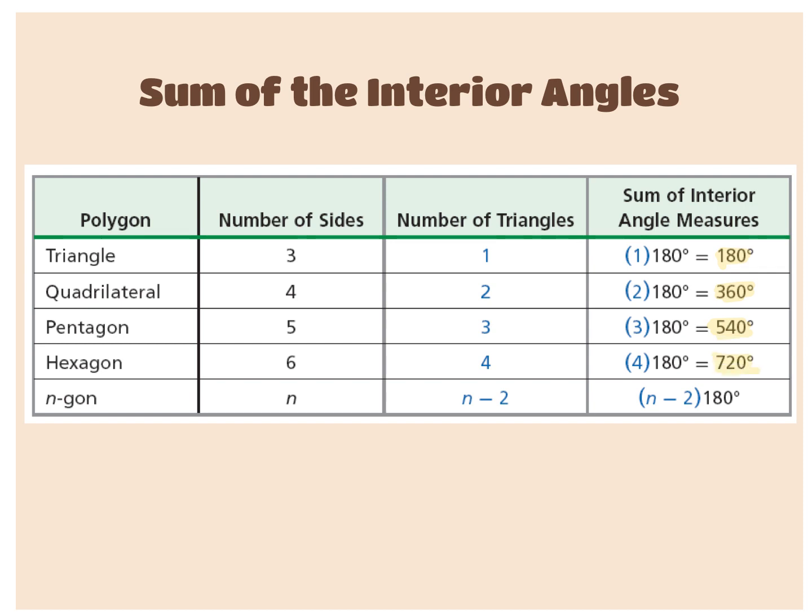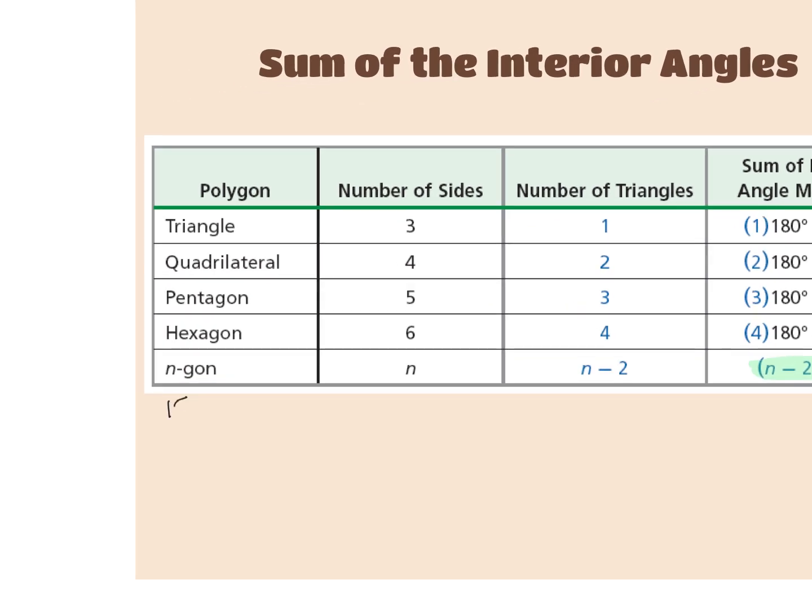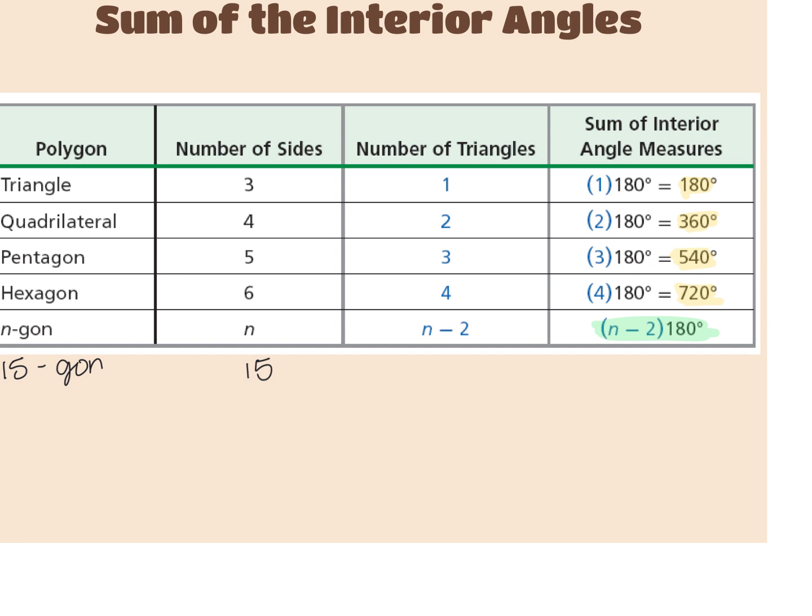But super important that you guys remember the formula, because on your homework you may get a shape with 15 sides. I have a 15-gon. So how many sides? 15. Number of triangles, I'm able to make 15 minus 2.